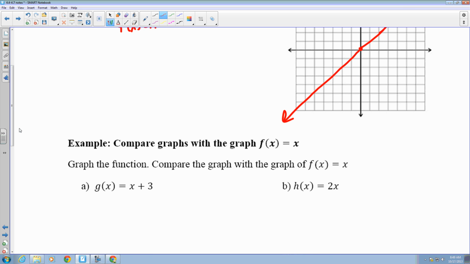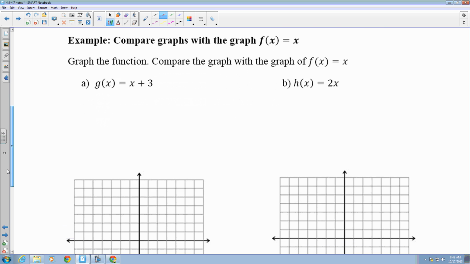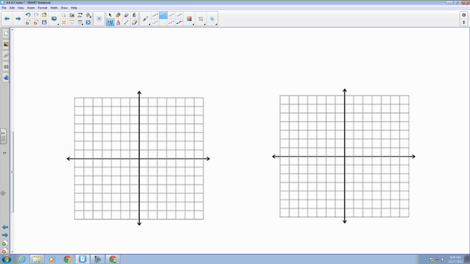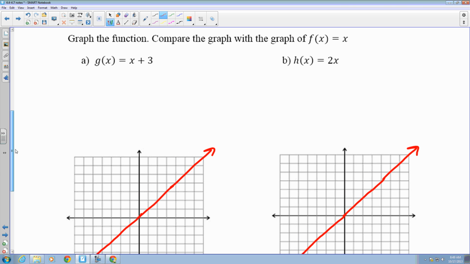So graph these functions and compare them with the graph of f of x equals x. So I'm going to go ahead and graph both of the parent functions on this in red. Okay, and now we're going to graph the other ones and compare.